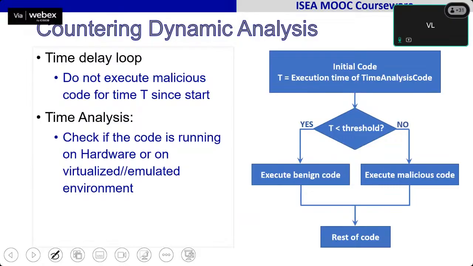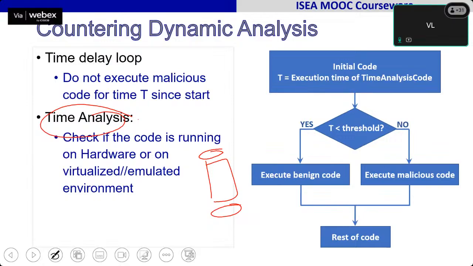as time analysis. So what the malware will try to do, it will execute a code which will be typically a loop of certain number of iterations, and then it will check what the time was before the loop was executed and what was the time after the loop was executed. And then it will look at the difference between the times.